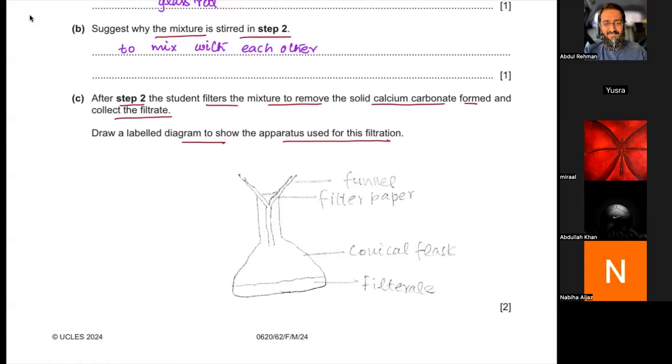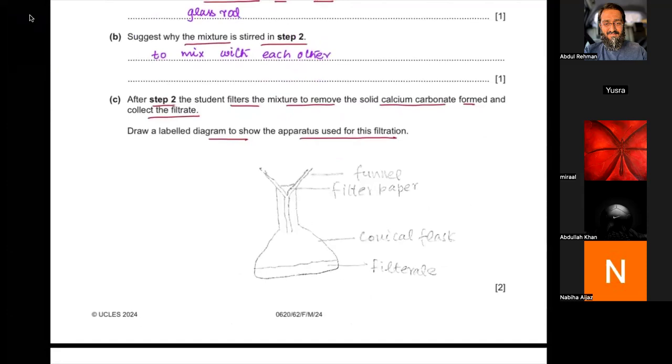Yes, sir, now it's better. Is it visible now? Yes, sir.